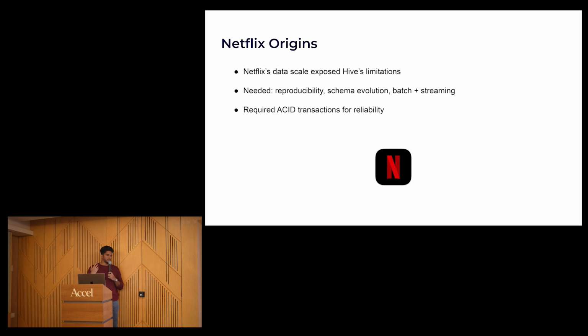Apart from that, they wanted good schema evolution, like the schema evolution you see in databases: add columns, remove columns, rename columns without losing the old data. Another problem with Hive was that it was mainly created for batch workloads. If you have streaming, it doesn't have to be real time, but even if you are making data available in your lakehouse every minute or two, Hive struggled a lot. So Iceberg was created to take care of that as well.